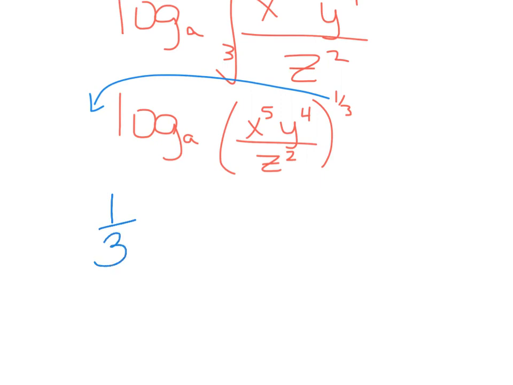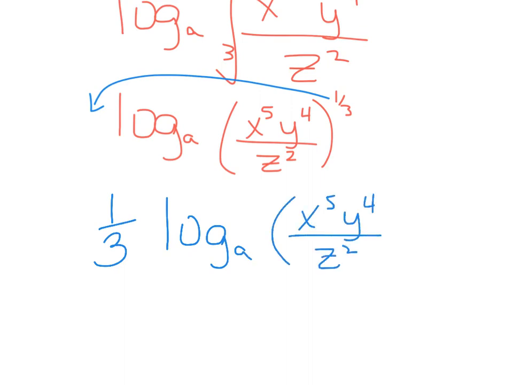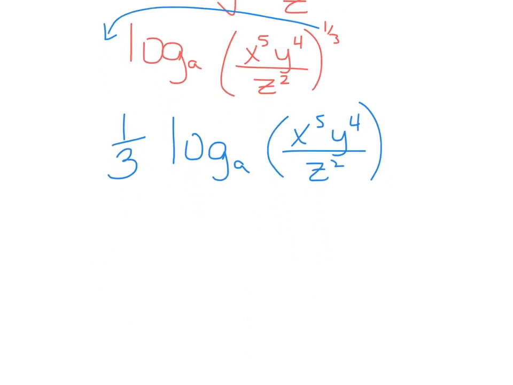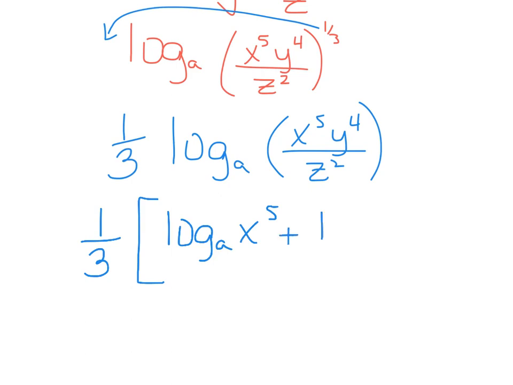And it's going to become 1/3, and then it's going to have log A of x to the 5th, y to the 4th over z squared. And now I'm going to deal with the multiplication and the division. So now I have 1/3, and I'm going to write a bracket here. So now I'm going to do log A and put it with x to the 5th. The top of the fraction is being multiplied, that x and that y, so I'm going to put a plus sign.